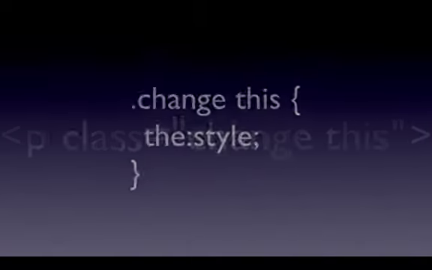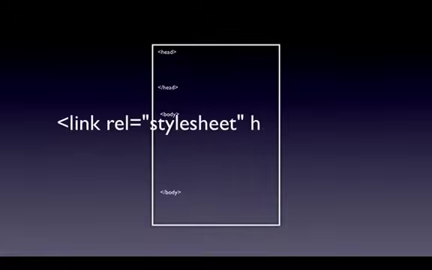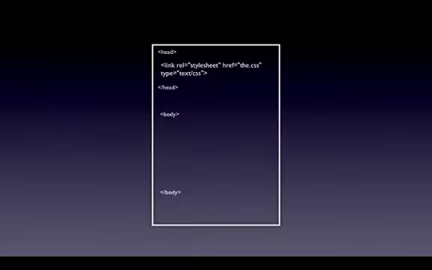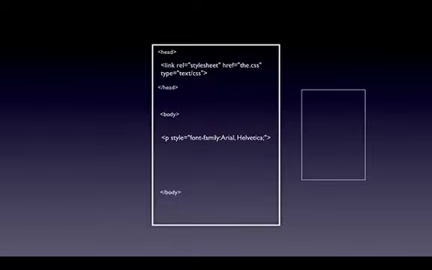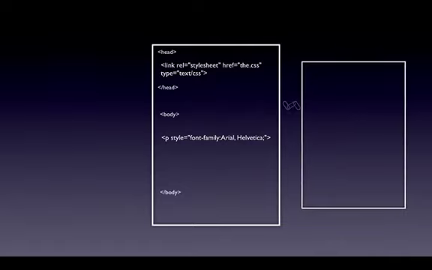This would look like this on your site. You would have your head, your body. Inside your head section you would actually have a link reference, which is the href to the CSS file. You would then have your styling in your body, and then a second document, which is the actual style sheet associated to it, linked to it.